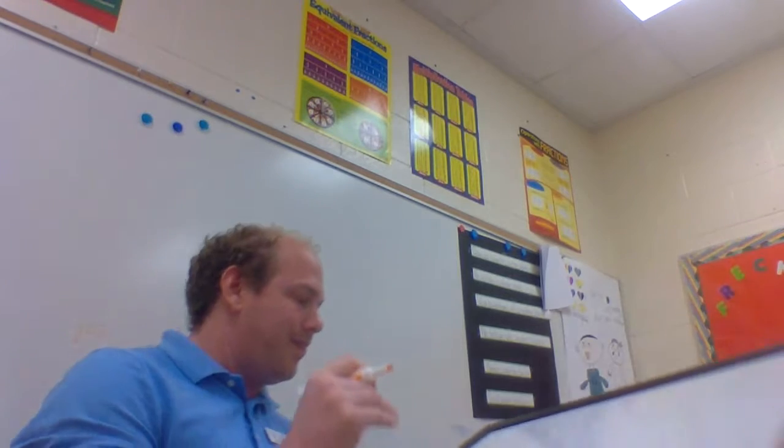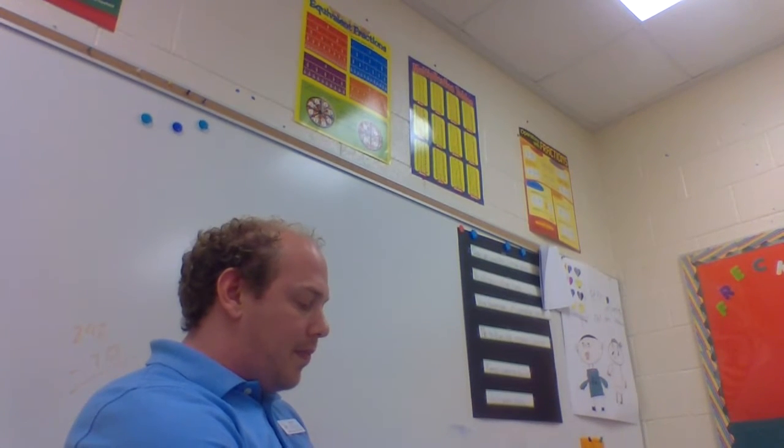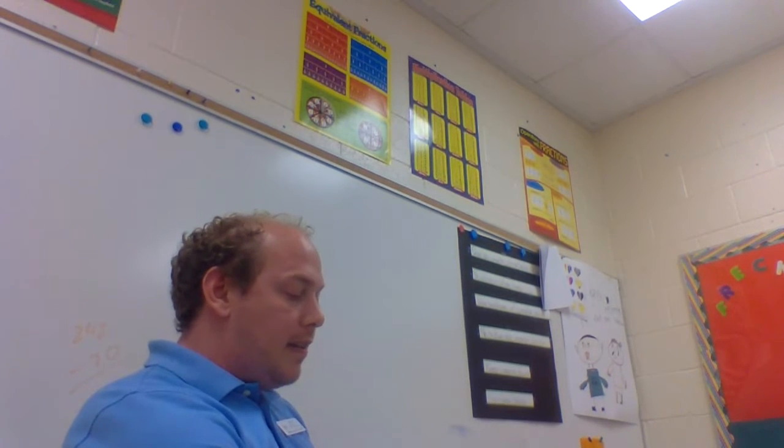All right, so let's do one more together, and then I'll let you do one on your own. And you know I always drop things, so I'm sorry. Okay, so let's do 15 and 40.